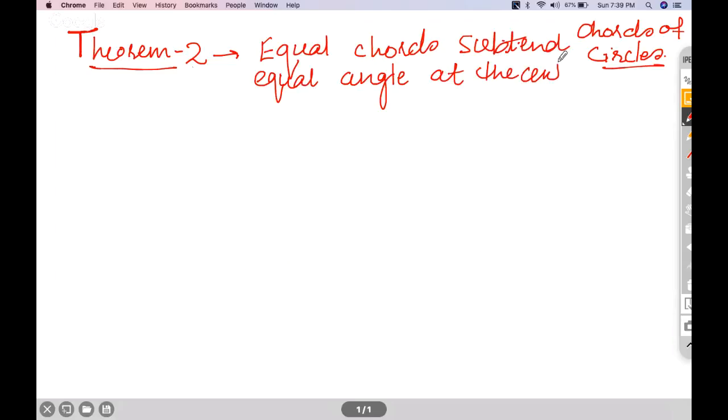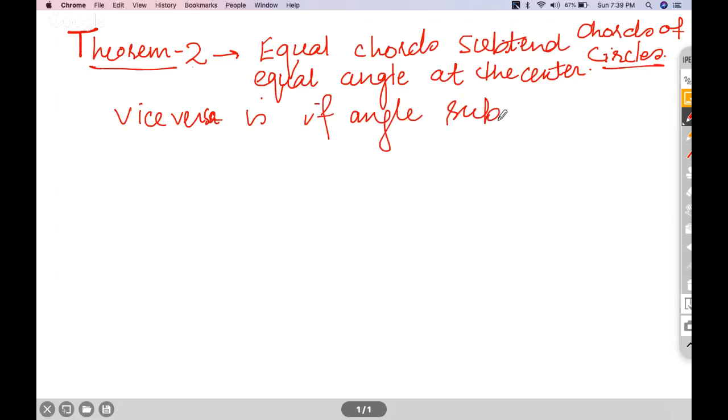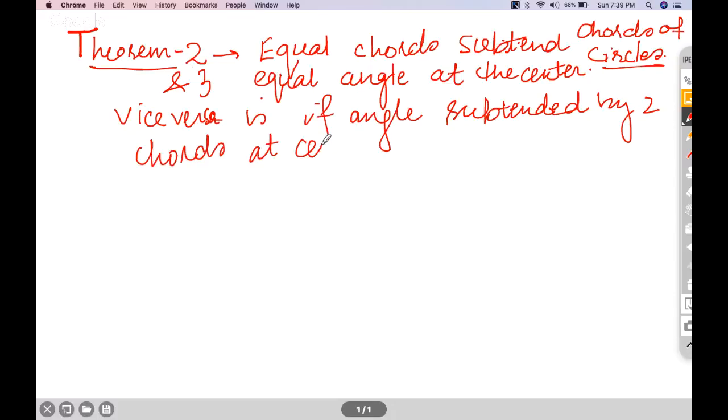And vice versa, which is theorem 3, I'm proving them simultaneously: if angles subtended by two chords at the center are equal, the chords would be equal.